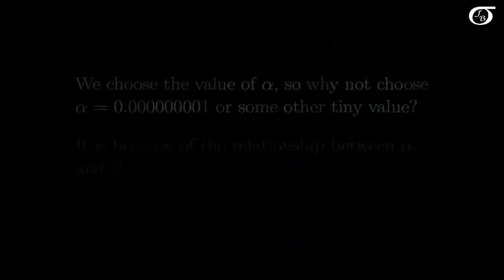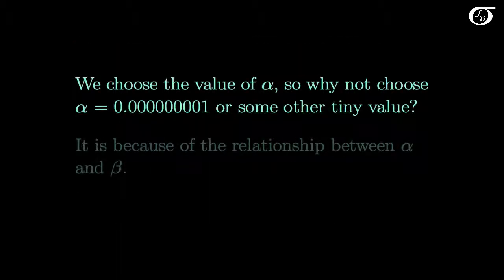Alpha is the probability of a type 1 error given the null hypothesis is true. And we choose the value of alpha. So why not choose alpha to be some tiny value so we're not making a lot of type 1 errors? It is because of the relationship between alpha and beta. If we decrease alpha, then beta will increase.